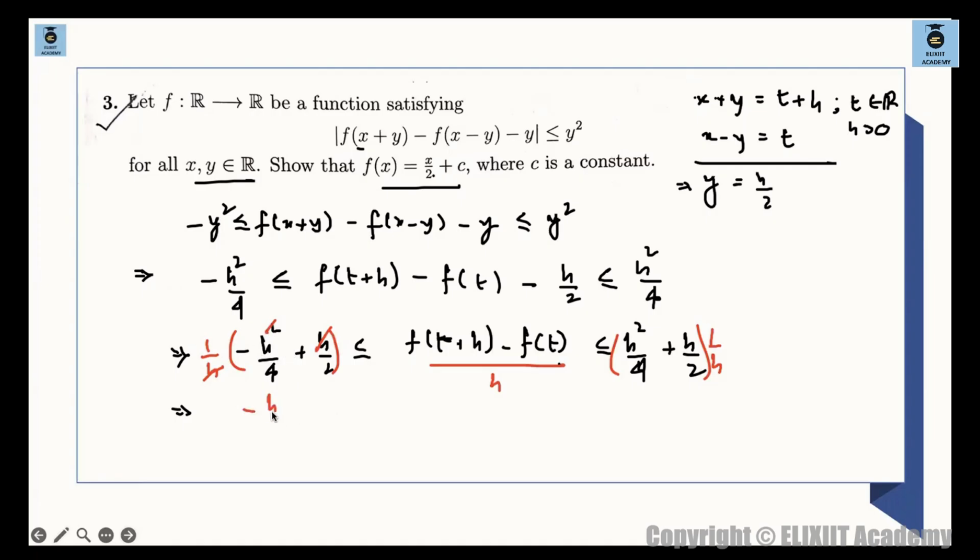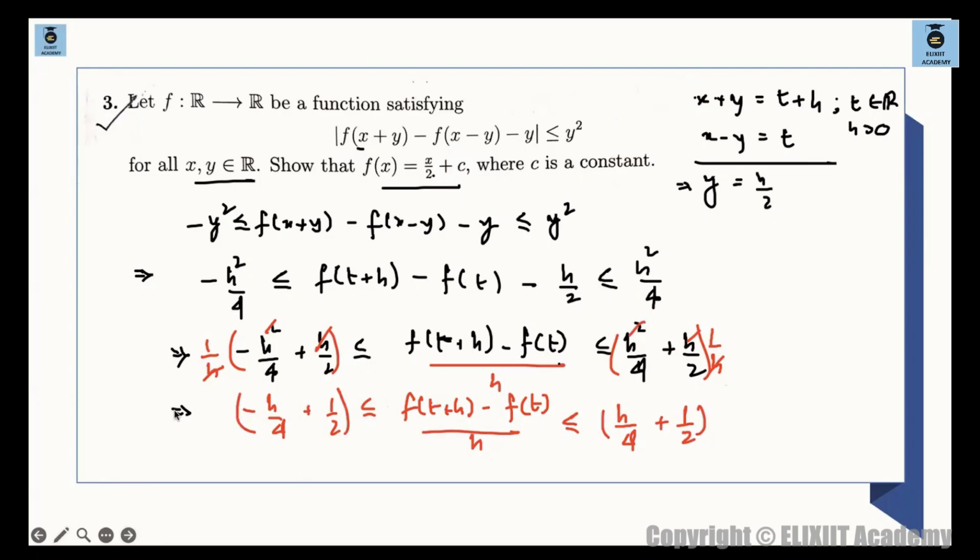So this becomes minus h by 4 plus half less than or equal to f of t plus h minus f of t divided by h less than or equal to, similarly h and h will cancel over here, so we are left with h by 4 plus half on the right hand side.